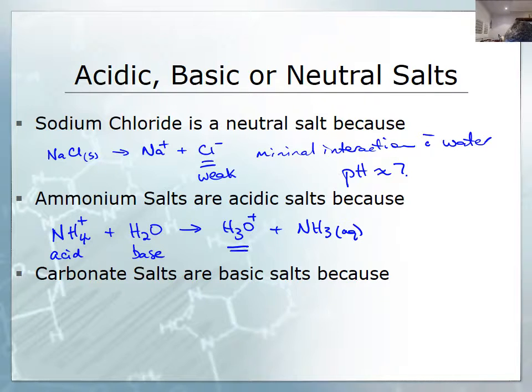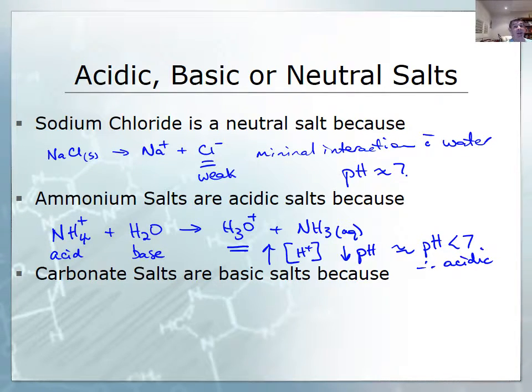But this addition of hydronium ions will increase the concentration of H+ and as a result will decrease the pH. Therefore, we have a pH which will be less than 7 and therefore an acidic solution.